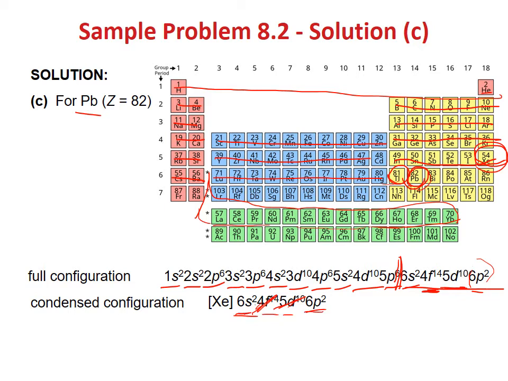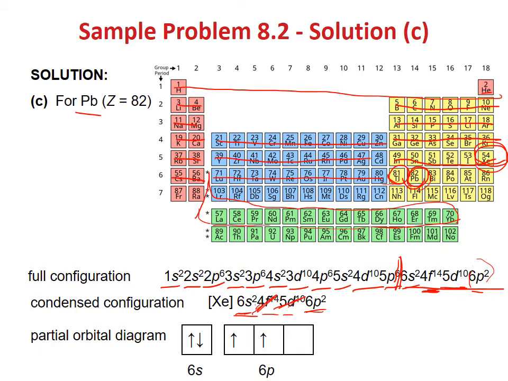So that's 4 electrons. 6s is 1 orbital with 2 electrons. 6p has 3 orbitals, and we have 2 electrons. So Hund's rule says they should go to different orbitals with a parallel spin.